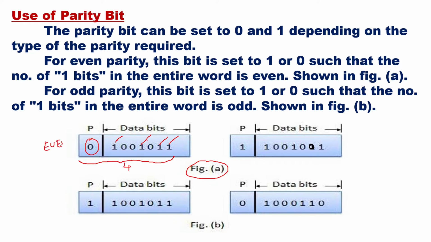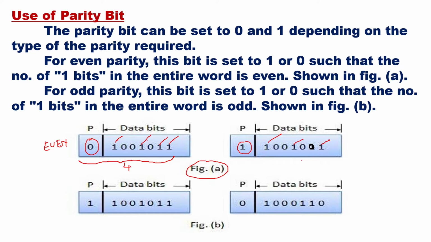Similarly, if you are making the parity bit 1, then you have to think about your data. Now you want to indicate even parity, so we see how many logic ones are there in the data. Here you have 1, 1 and 1, so there are three logic ones.